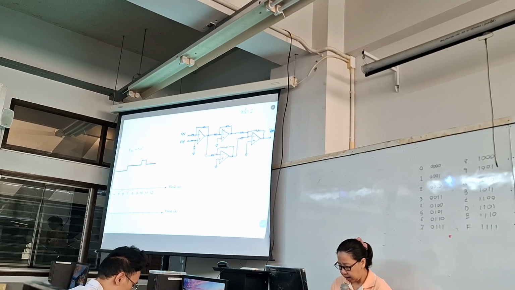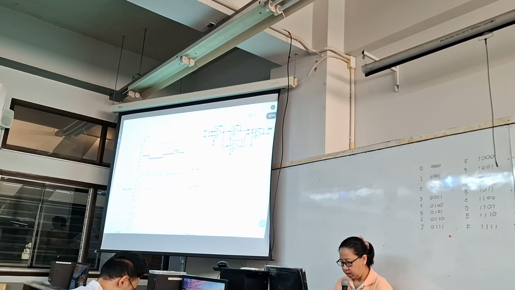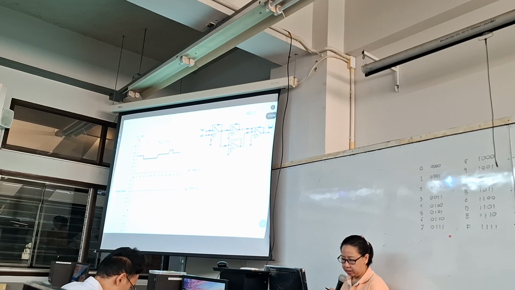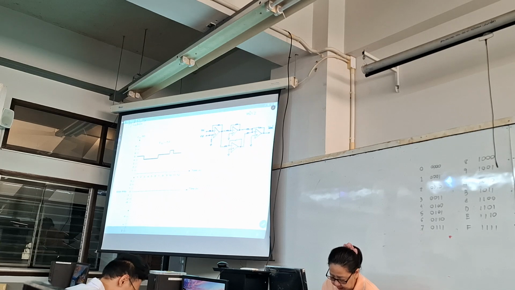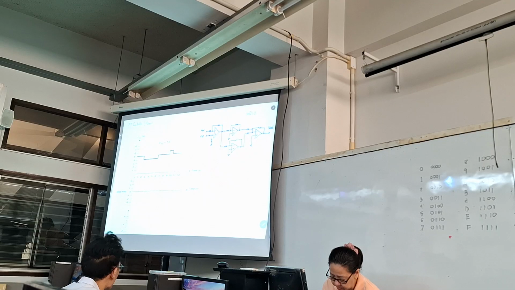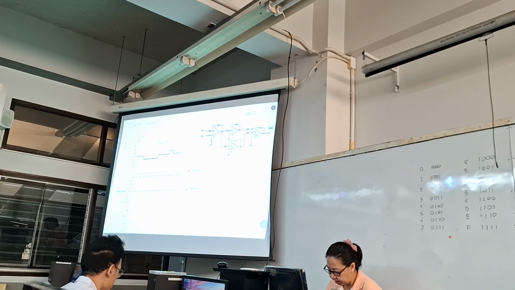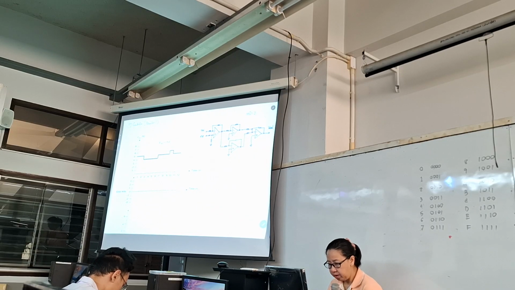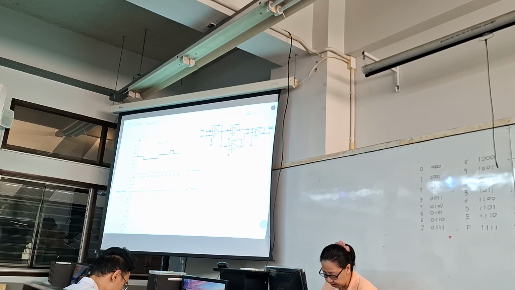Okay, what did we learn last time? Last time we had studied how to develop a so-called PI controller. This PI controller can connect in parallel and receive the same input.